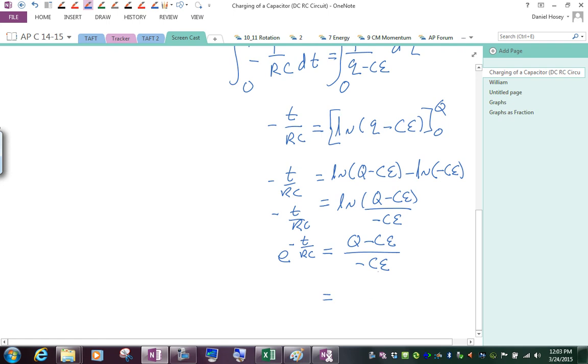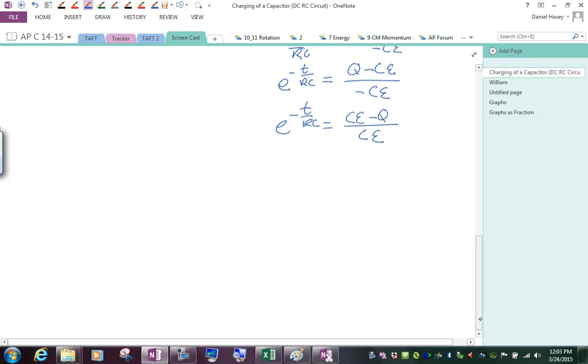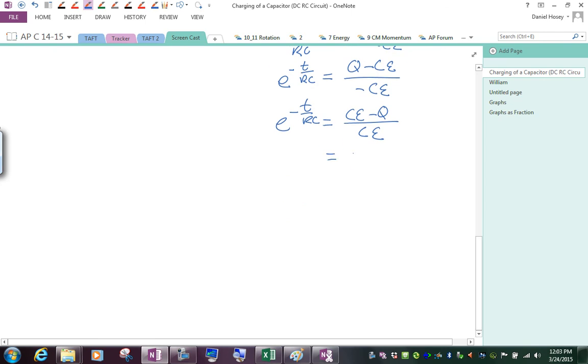Or I'm going to rewrite that, that's like switching that, so CE minus q over CE, which is going to be the same as 1 minus q over CE, e to the minus t over RC.